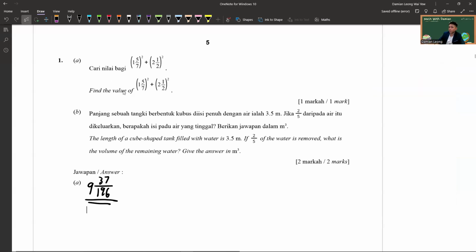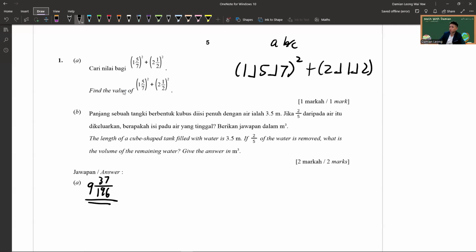If you're using the MS version, make sure you know how to key it into the calculator as well. So bracket 1, press the fraction button, the one that looks like this. Press fraction, then 5, then the fraction button again, 7, close bracket, square. Then plus bracket 2, 1/2 like that, that's the 2 1/2 in mixed number, square.